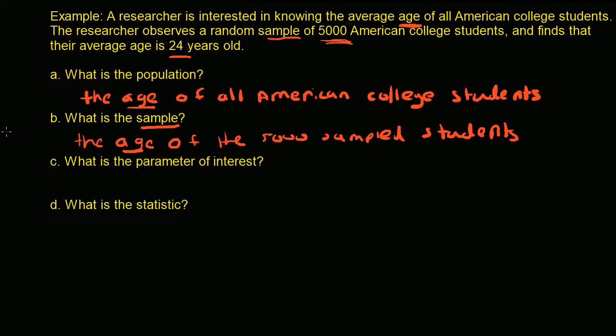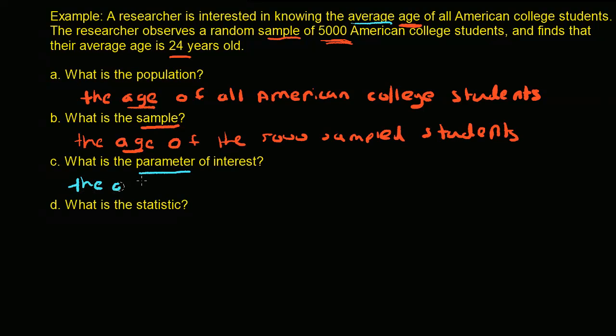Okay, so now what is the parameter of interest? Okay, so we know the parameter is going to be some numerical summary sort of measurement from the population, right? So what's the parameter of interest? Well, we're interested in knowing the average age of all American college students. So that's going to be the parameter of interest.